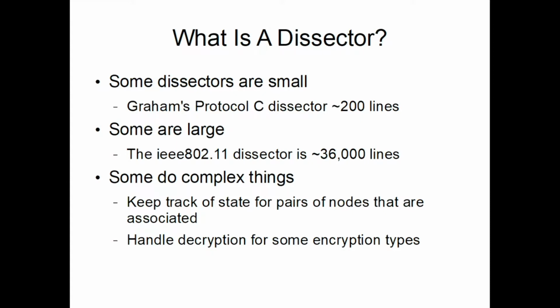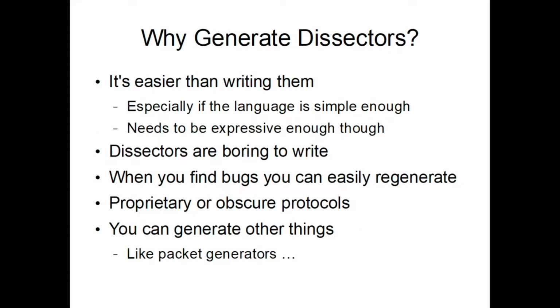So dissectors can be actually quite complex. The code that I generate at the moment is nowhere near as complex, but you'll see what I've got, and you'll get some idea, hopefully at the end, of where I would like to take this as well.